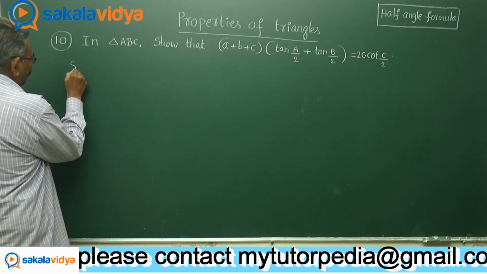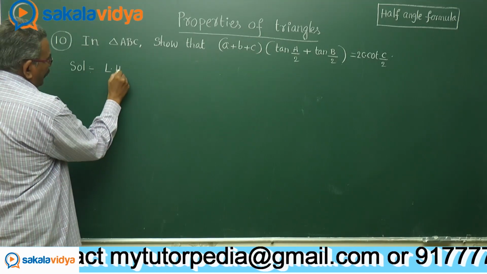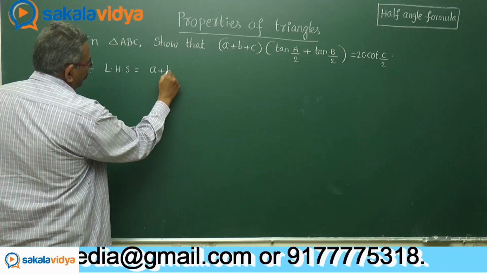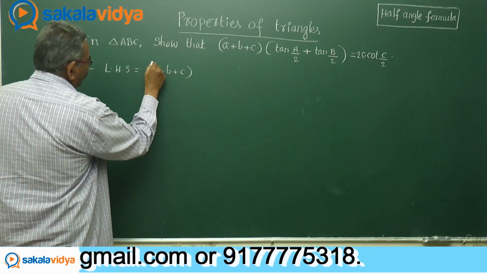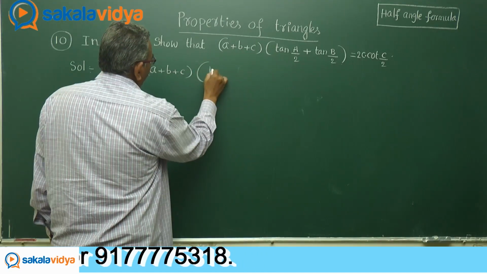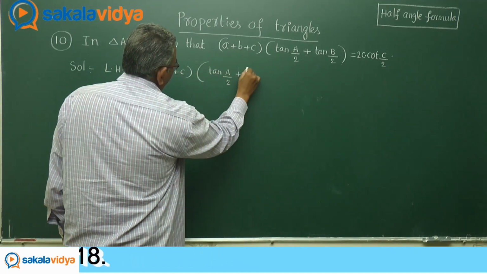Solution. So let us consider the left hand side: (a + b + c)(tan A/2 + tan B/2).